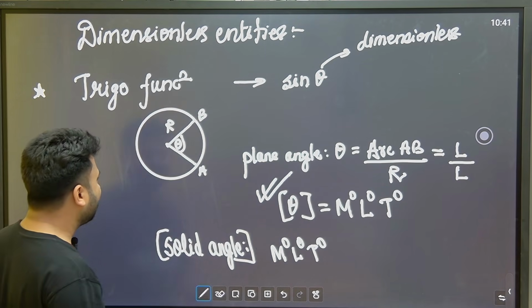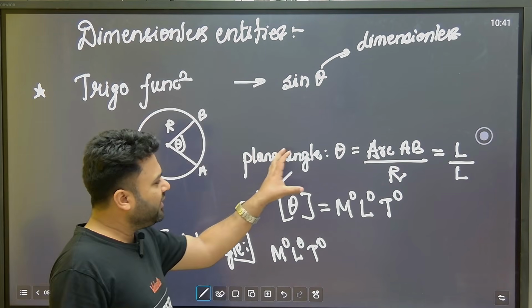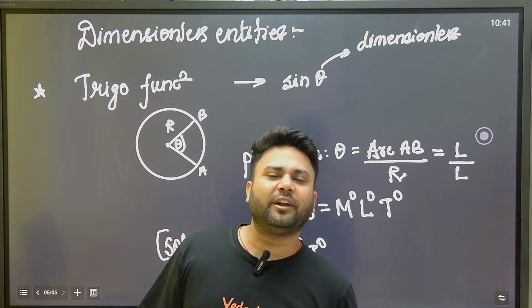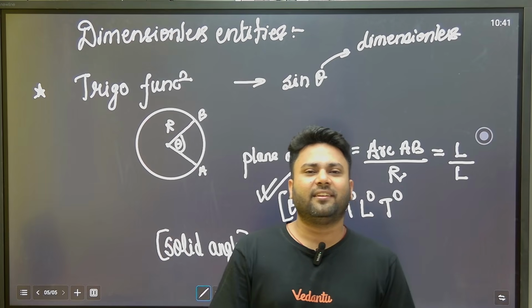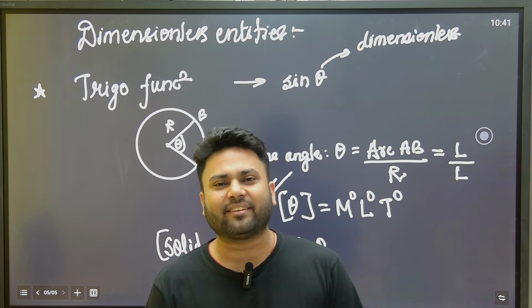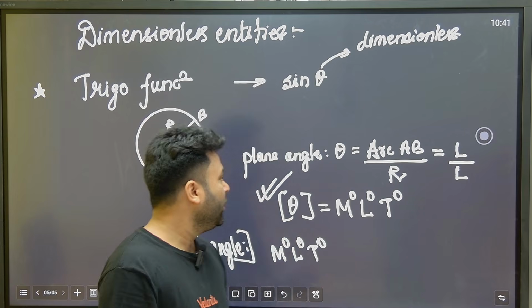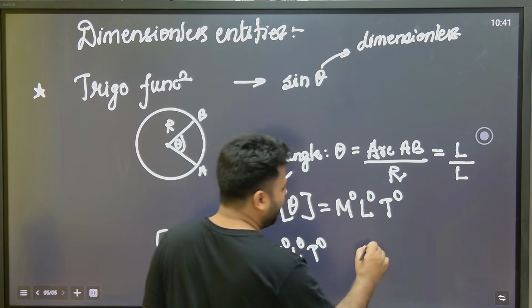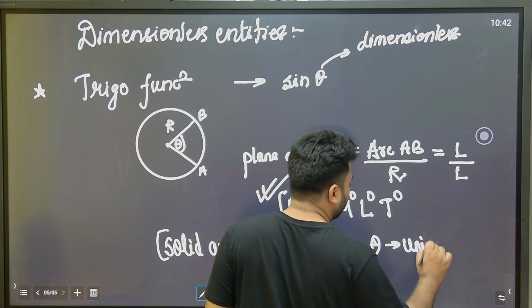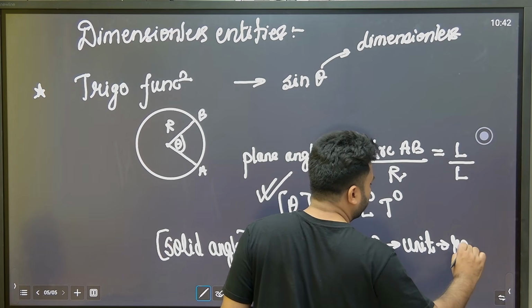But if someone asks whether we have a unit of angle? Yes, we study angle units: degree, radian. If I ask what is the SI unit of angle, you will say radian.